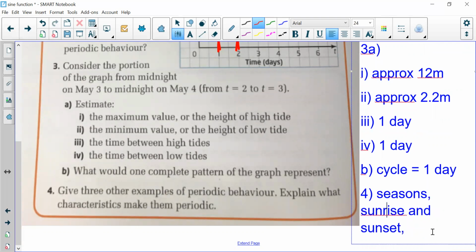So far, we have 2. What do you think? We don't have a lunar calendar anymore, but there are consistencies with bodies in space that we could say have periodic behavior.